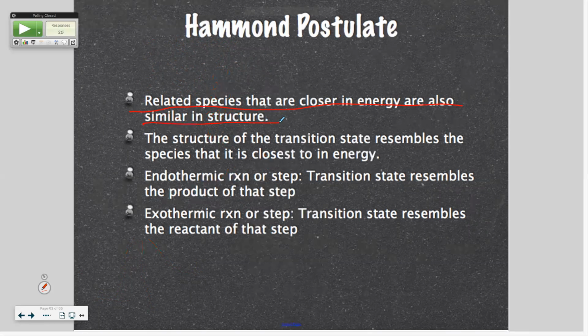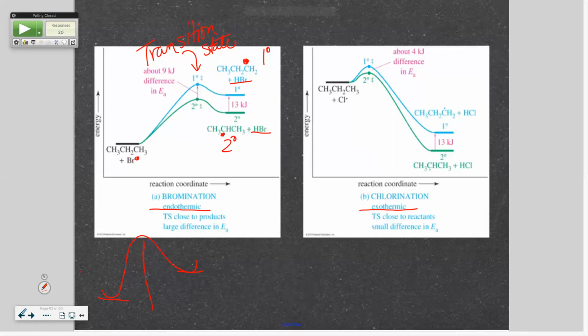And that's how come, I'm going to go back, okay? That's how come this is more similar in structure to this. So they draw the transition state over to the right more. Here, it's closer in energy to here, the transition state. So they draw it over to the left, okay?